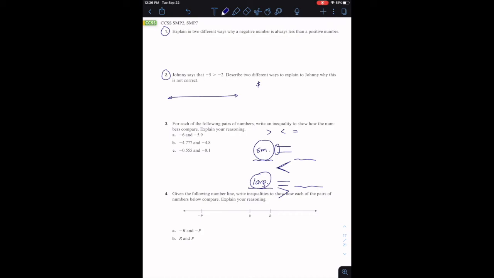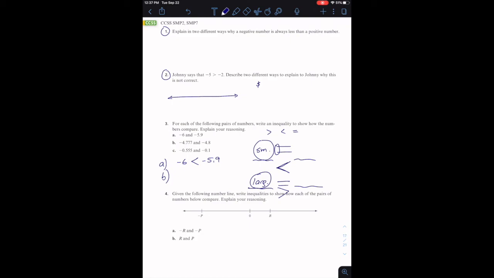So let's say for question A, -6 and -5.9, which is going to be further to the right or further to the left? The one to the left. If we start at 0, we're going to go past -5 to -6, going left. So -6 is actually to the left, and that's smaller, so we have a smaller distance in the equal sign, or it becomes a less than sign.